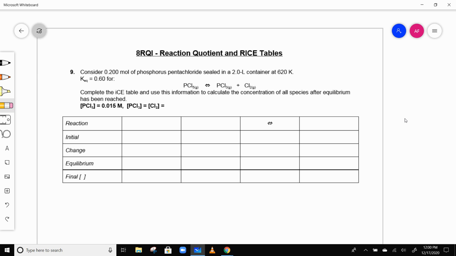And then the other method is to use what we call the 5% rule. I don't want to get into the 5% rule today. But I'll run through number 9 here for you guys, and then I'll show you how to set up the quadratic. I'm not going to do the whole quadratic, but here's the reaction, PCl5.